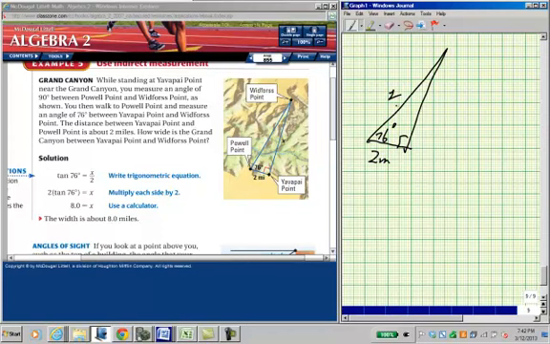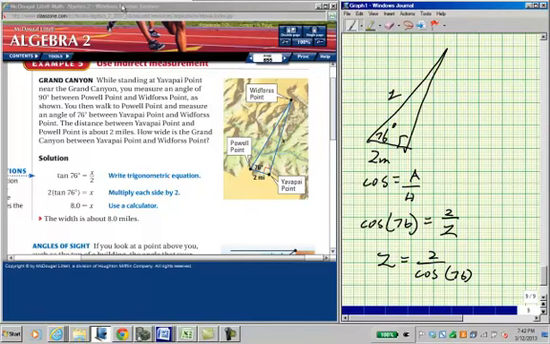Well, that's the cosine. The cosine equals adjacent over hypotenuse. So the cosine of 76 degrees is going to equal 2 over Z. So Z will equal 2 divided by the cosine of 76 degrees.